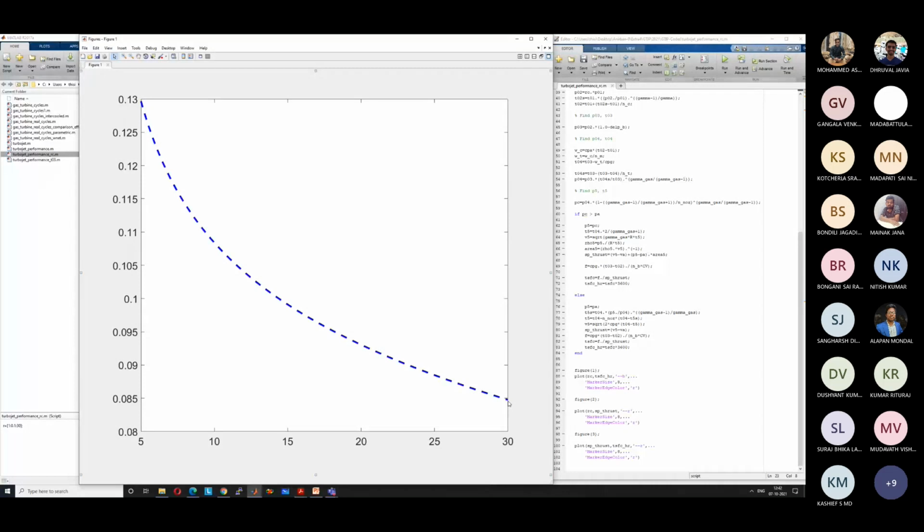Okay, you have more compression. So the amount of energy that needs to be added in the combustion chamber is reduced significantly.